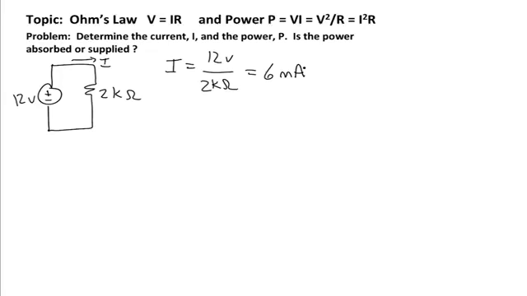The next thing we want to do is determine the power across the 2K, or associated with a 2 kilo ohm resistor. And so the power is going to be determined by looking at the current through the resistor and the voltage across the resistor.